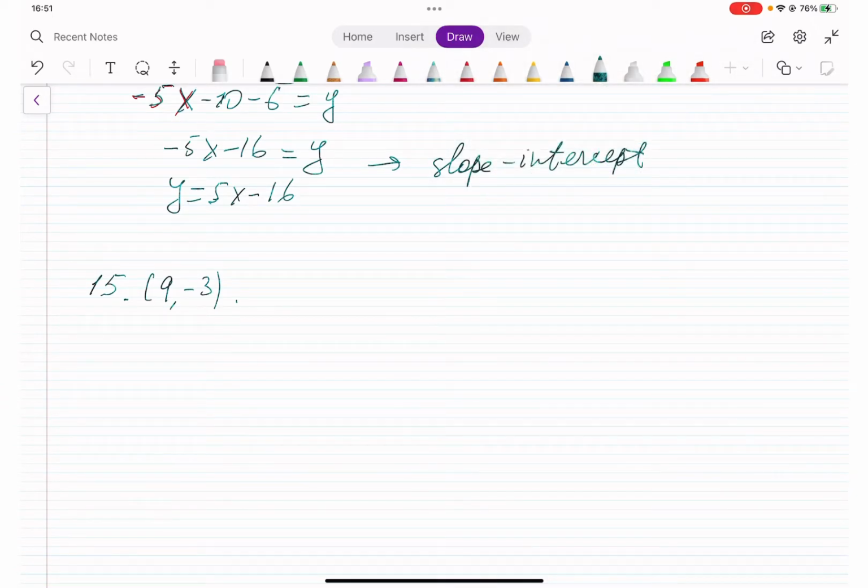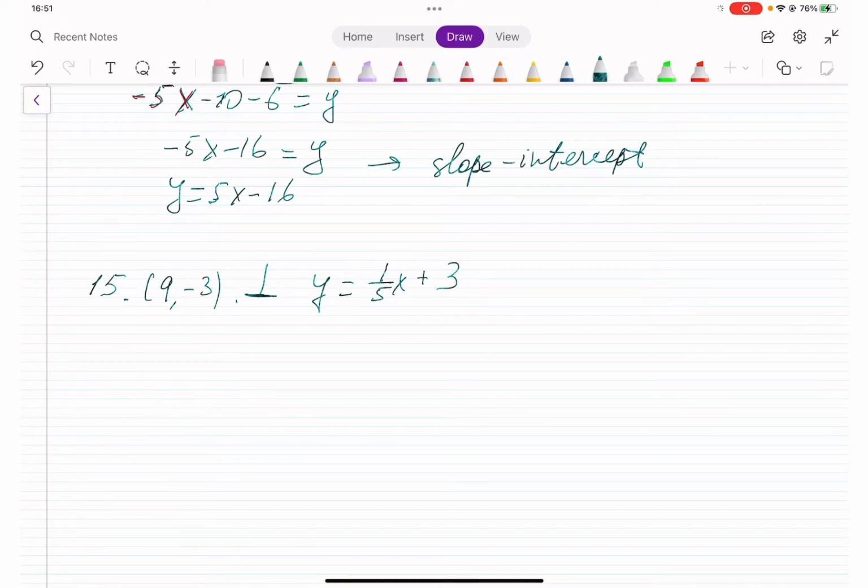And it's perpendicular to the line, the equation of which is y is equal 1/5 of x plus 3.